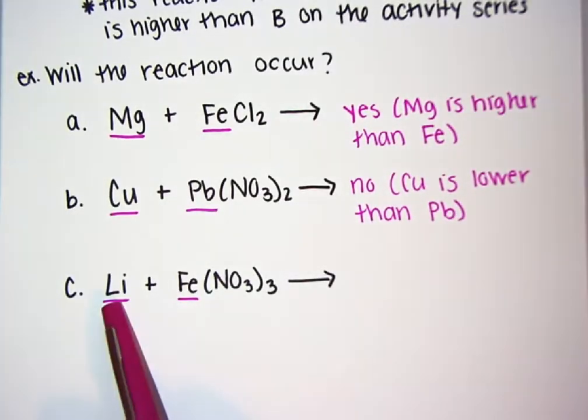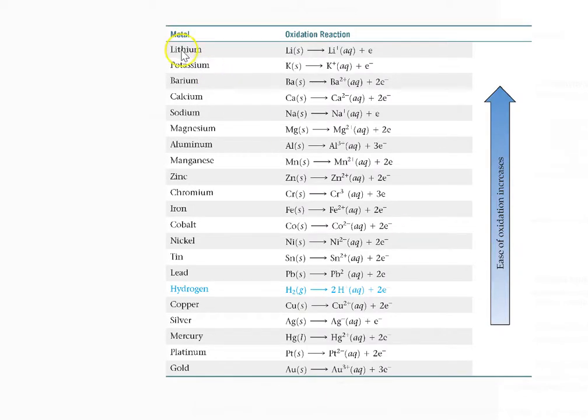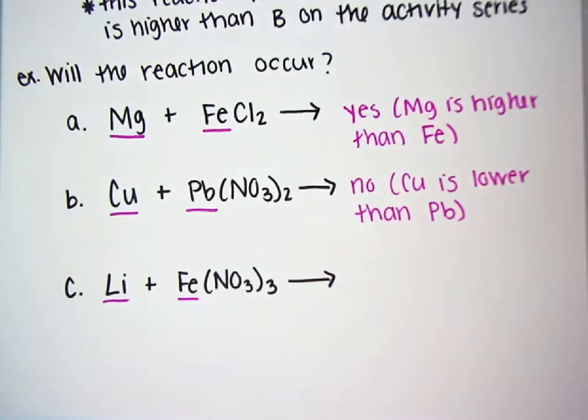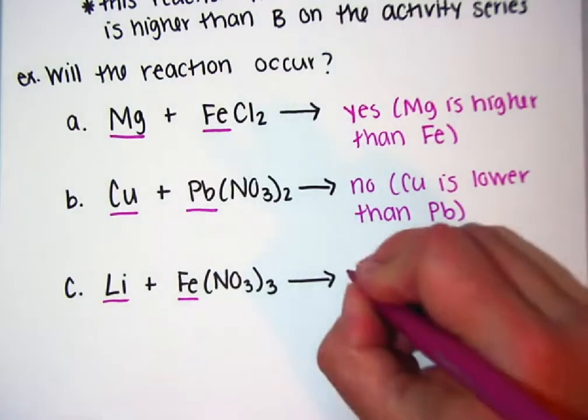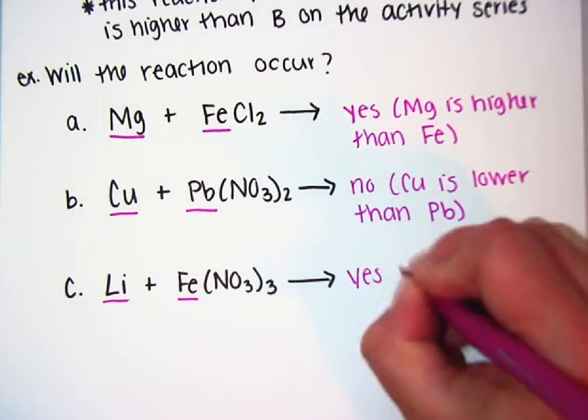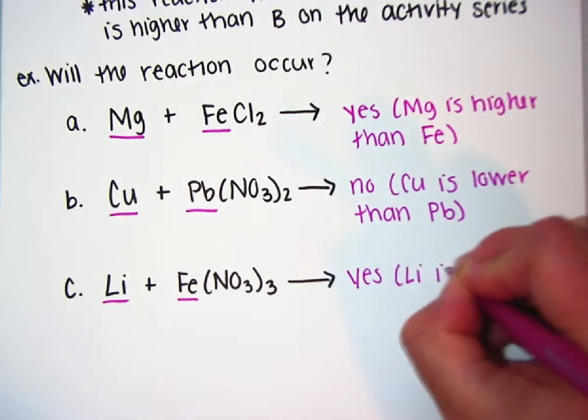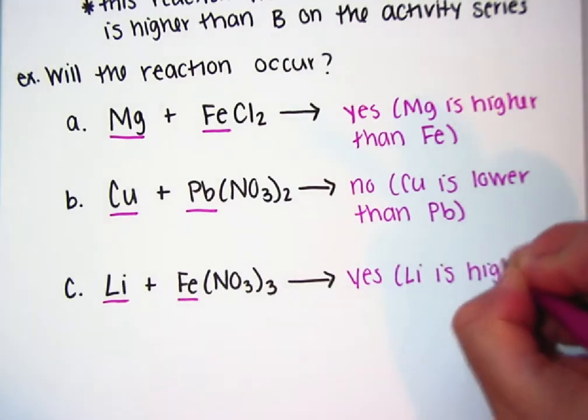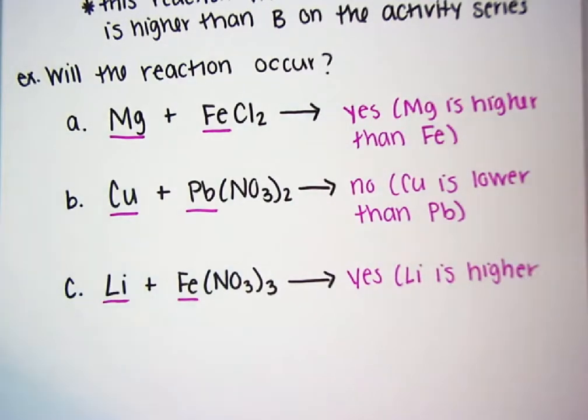In order for this reaction to occur, lithium needs to be above iron. Lithium is all the way at the top. Lithium can displace all of these metals. Lithium is above iron, so this reaction will occur. Lithium is more easily oxidized. It's going to lose its electrons. So yes, this reaction occurs.